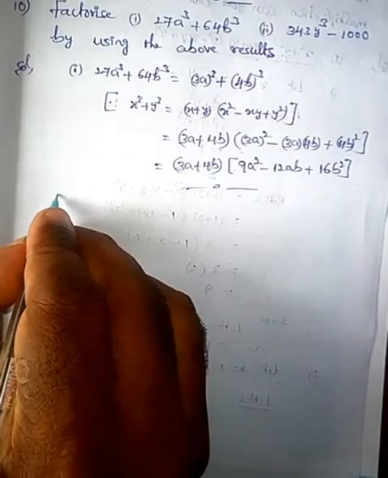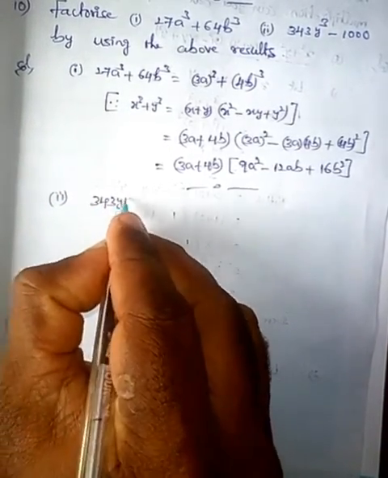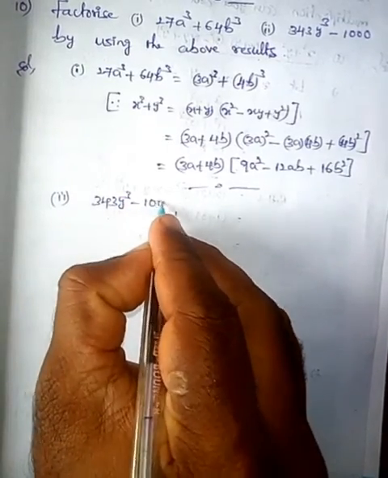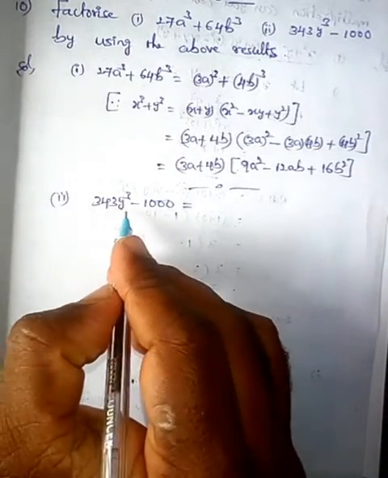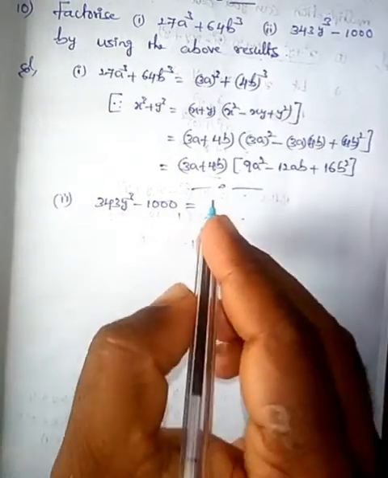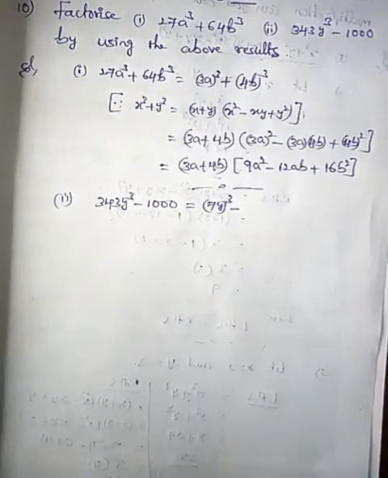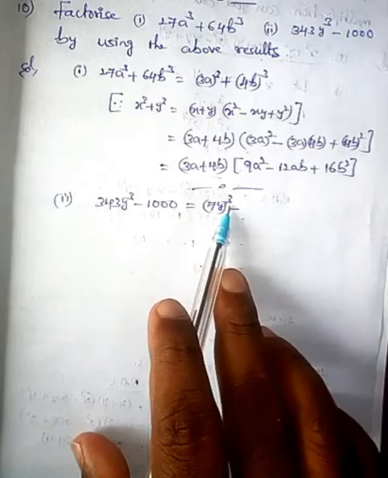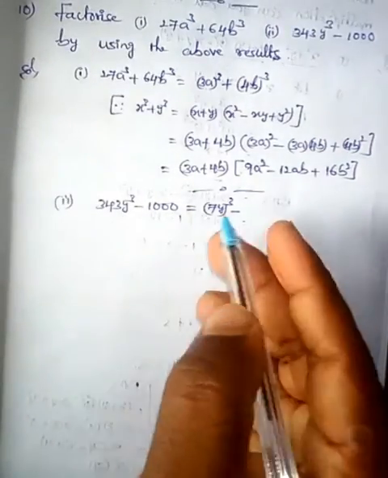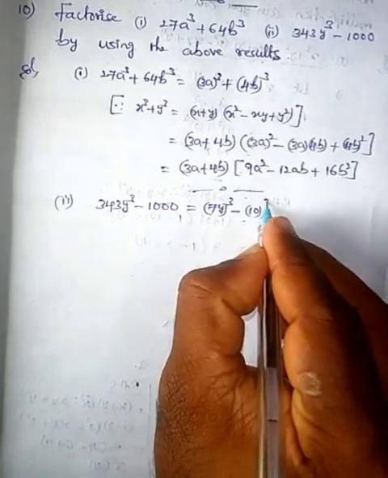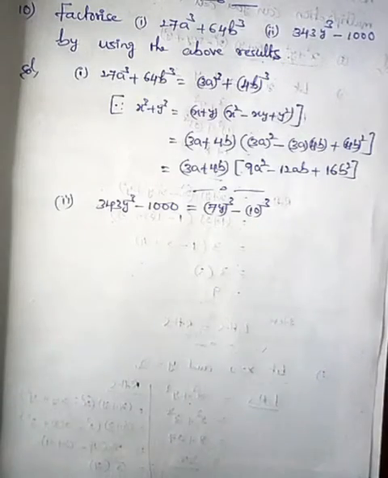Now coming to the second one, that is 343y cube minus 1000. We can write 343y cube as 7y whole cube, because if you simplify 7 cube you will get 343, and we can write 1000 as 10 cube.